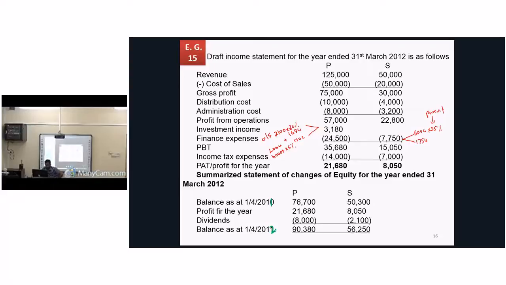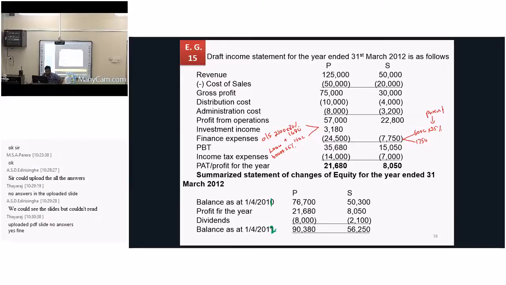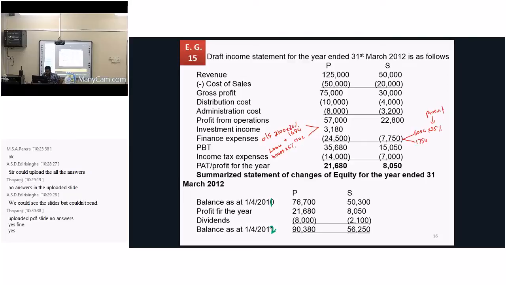Sorry for the inconvenience, but Thayaraj, can you read the text that I have written on the screen? Can you read the answers that I wrote? I don't know. One student called me and informed me that there is a problem, so I don't know how to rectify that.